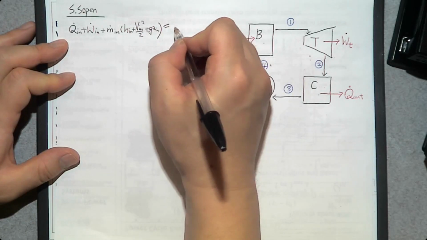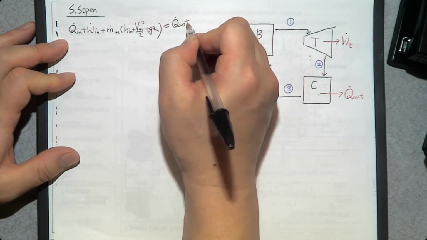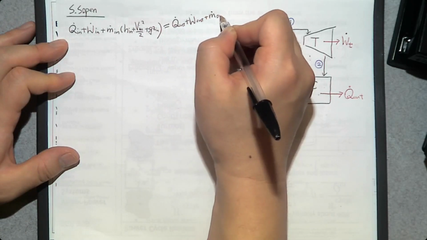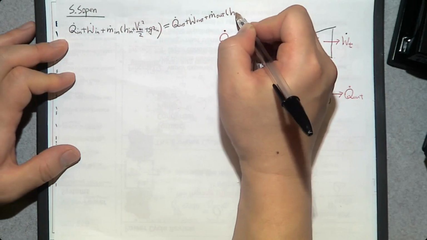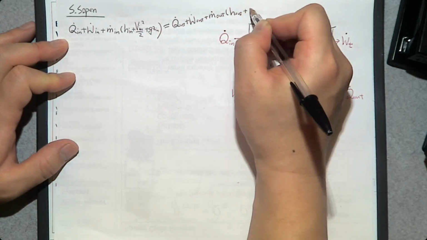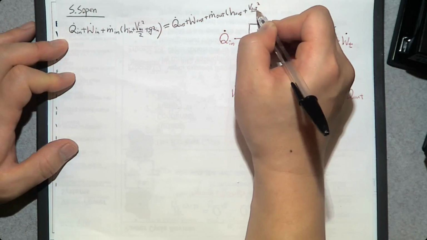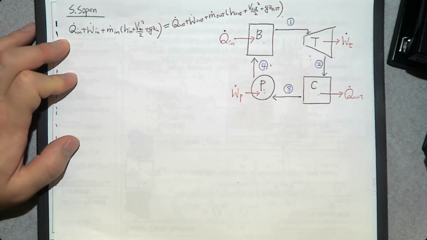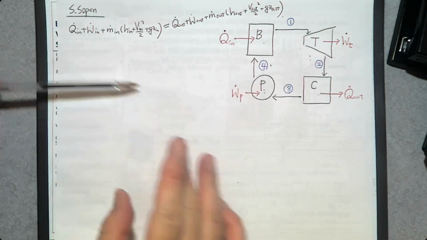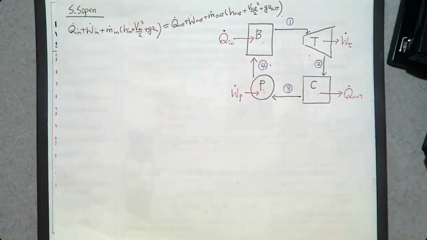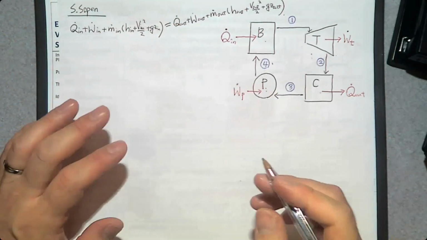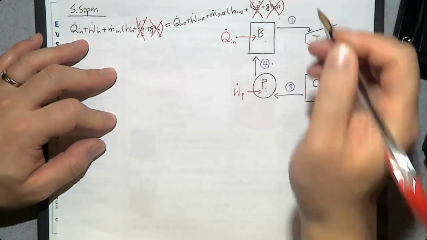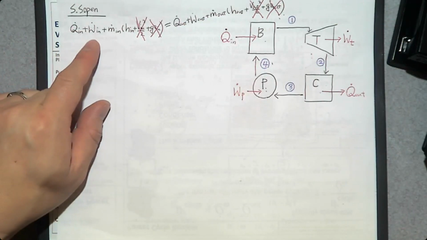This is going to be Q dot out plus W dot out plus m dot at the exit, times specific enthalpy, kinetic energy, and potential energy. Anyway, so then we can neglect kinetic energy change and potential energy change.